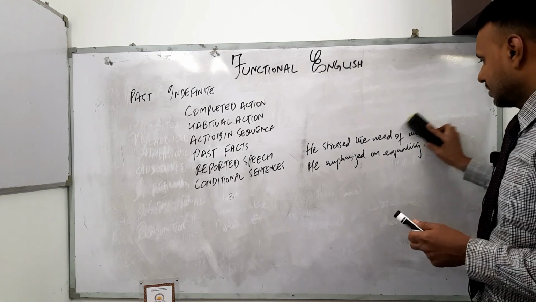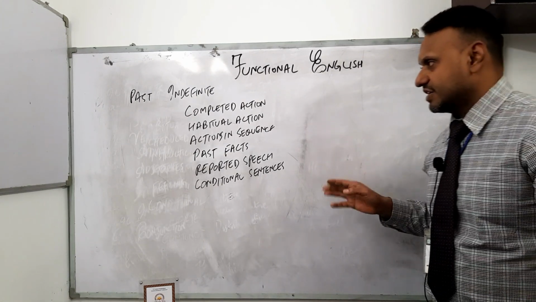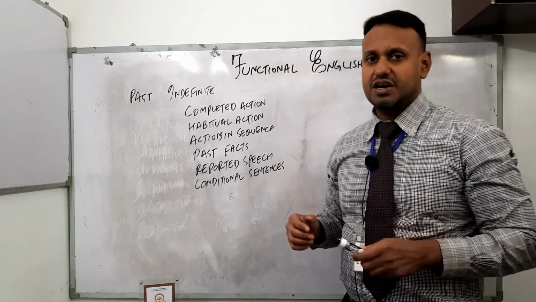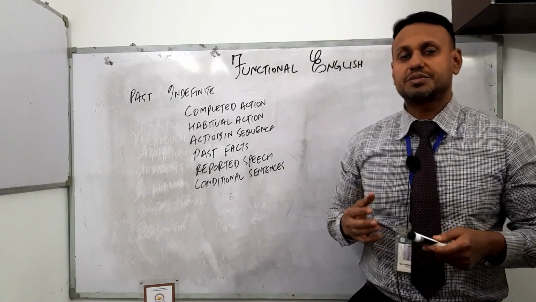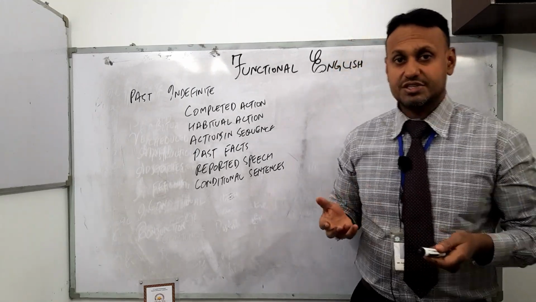Okay. How about conditional sentences? Just like present indefinite, we have conditional sentences in the past, but when we are discussing past indefinite, we are potentially talking about something in the past that you could have achieved or you could have been successful at.